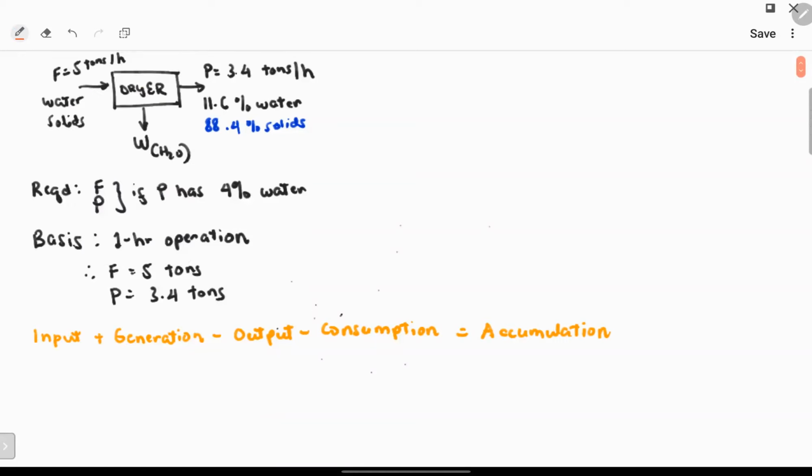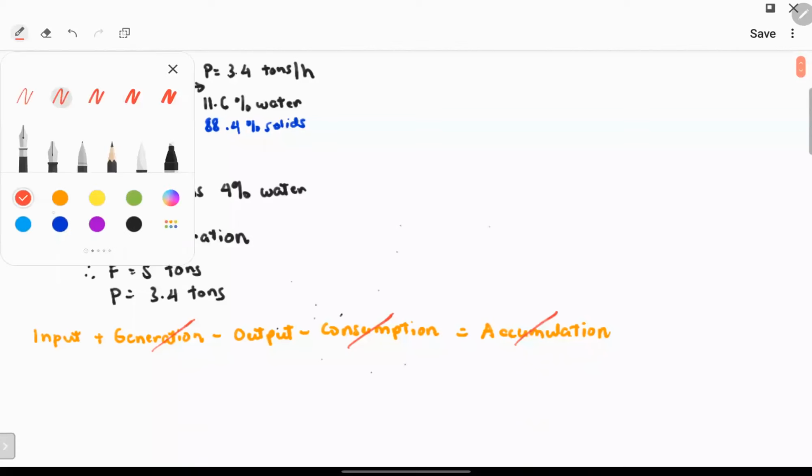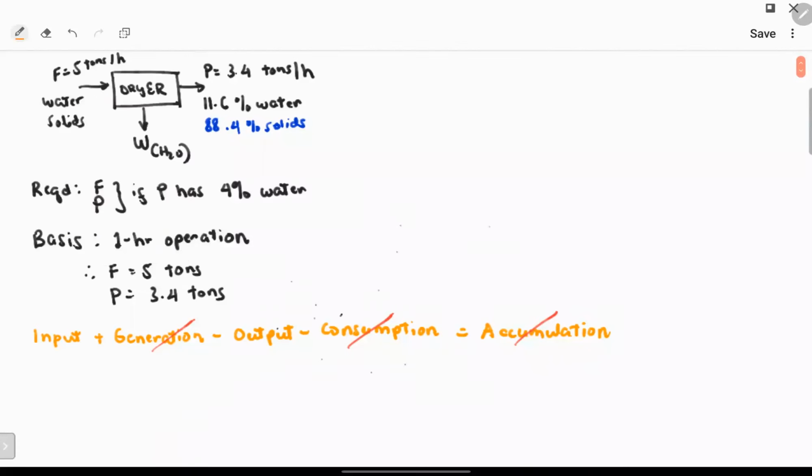But since there is no reaction here, we have no generation and no consumption, and we are assuming that our process is steady state, so there will also be no accumulation. So you will end up with the statement that input is equal to output.